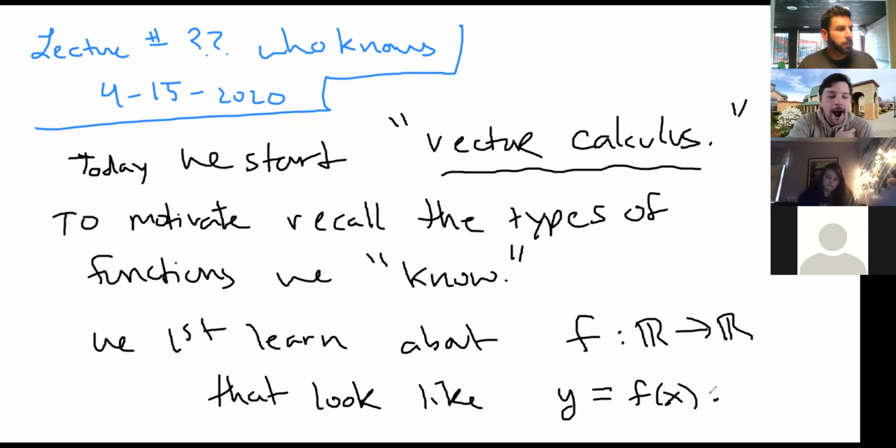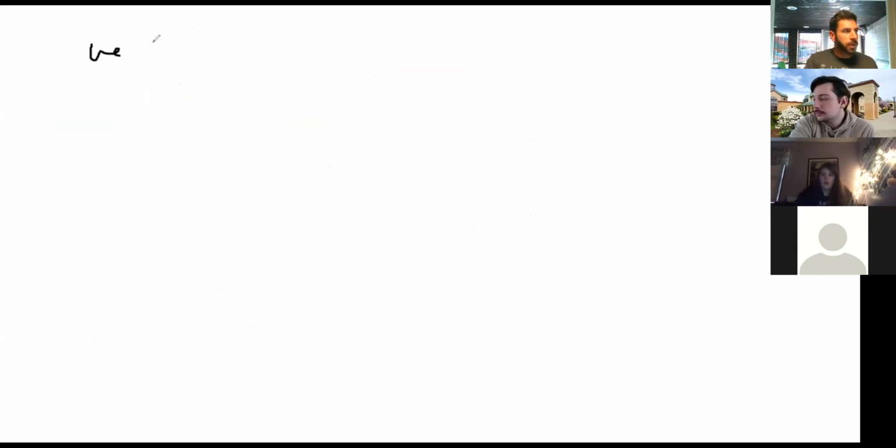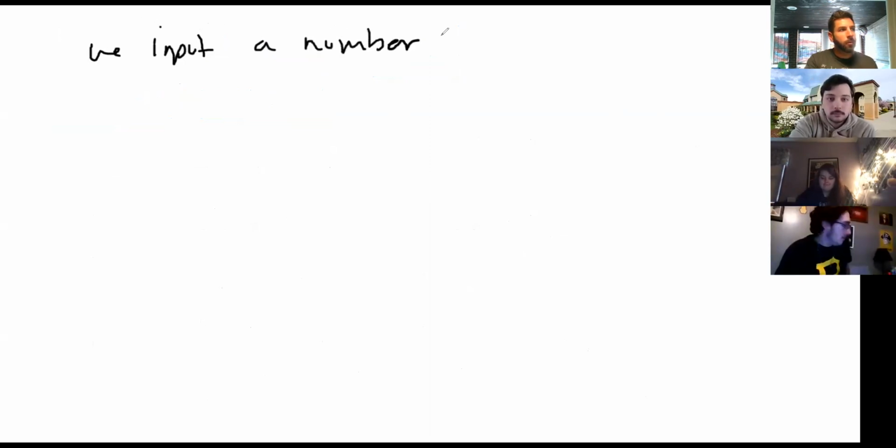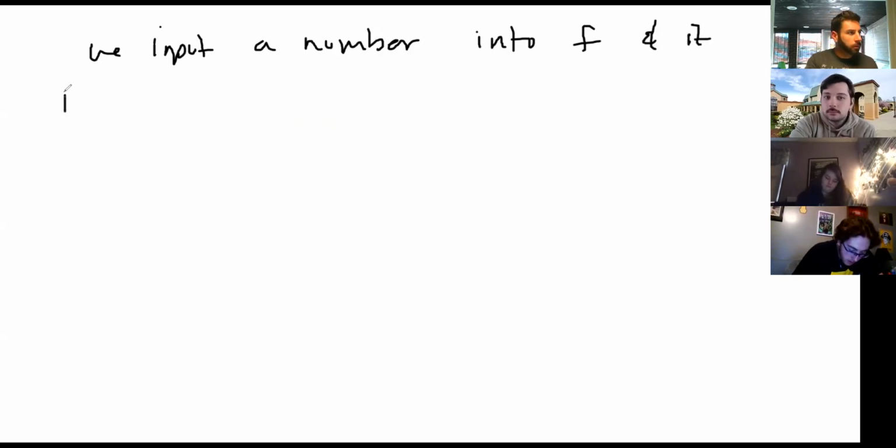Let's write it in a more descriptive way. What this means is we input a number into f, and it returns a number.